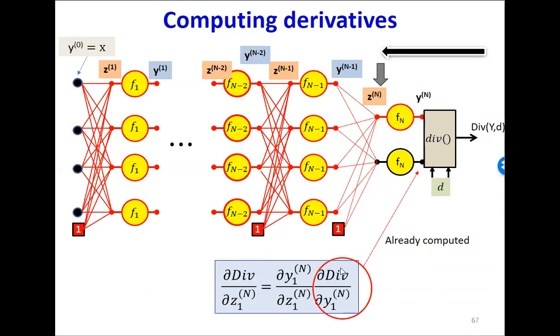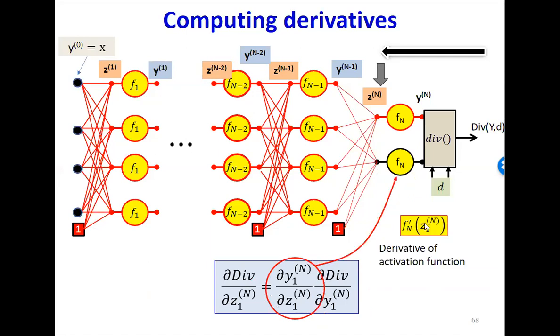And of course, this guy, the derivative with respect to the output, we assumed is available. We've also assumed that this activation function is differentiable. So this derivative, the derivative of y with respect to z, is simply the derivative of the activation computed at the current value of the affine term.